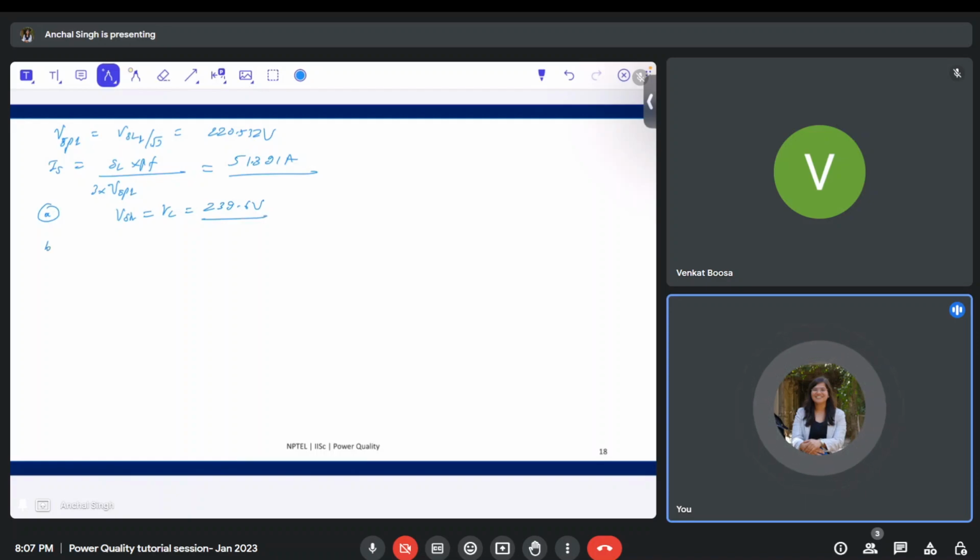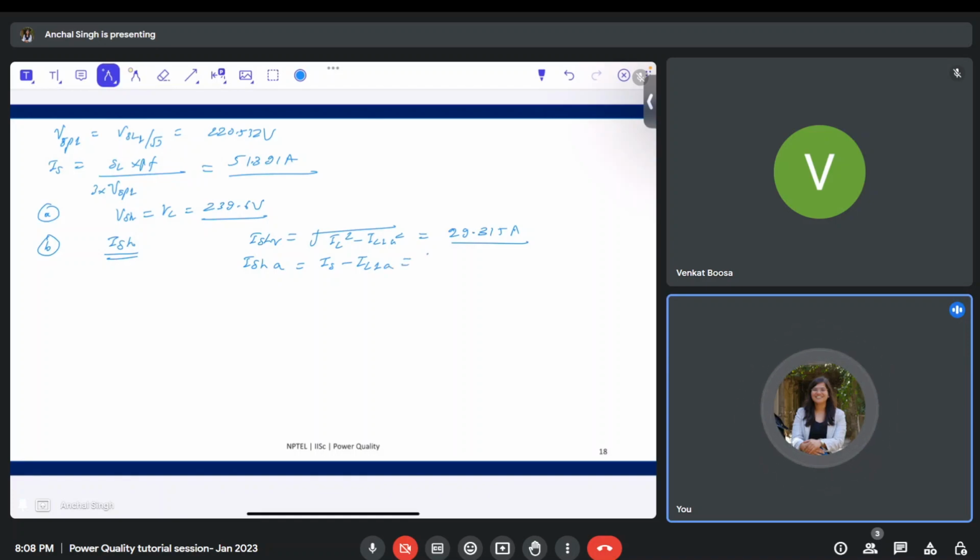And then for the current rating of the shunt element, we have two components, right? ISHR, that is under root of IL square minus IL1A square, which will be equal to 29.315 amperes. Similarly, the ISH active component will be IS minus IL1A, which will be equal to 4.09 amperes.